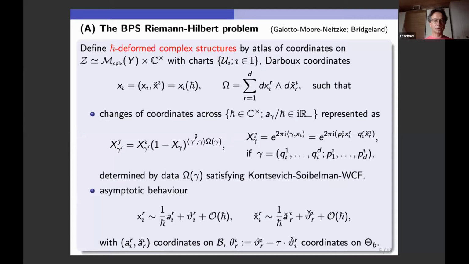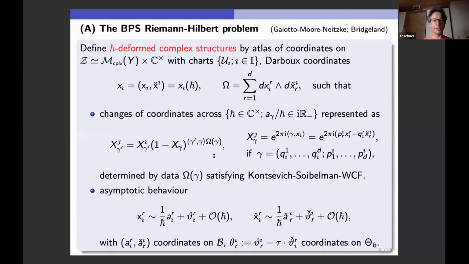And the crucial data here are some rational invariants, which are piecewise constant over the moduli space we're talking about. These are the rational numbers omega of gamma, which are subject to the so-called Kontsevich-Soibelman wall crossing formula.